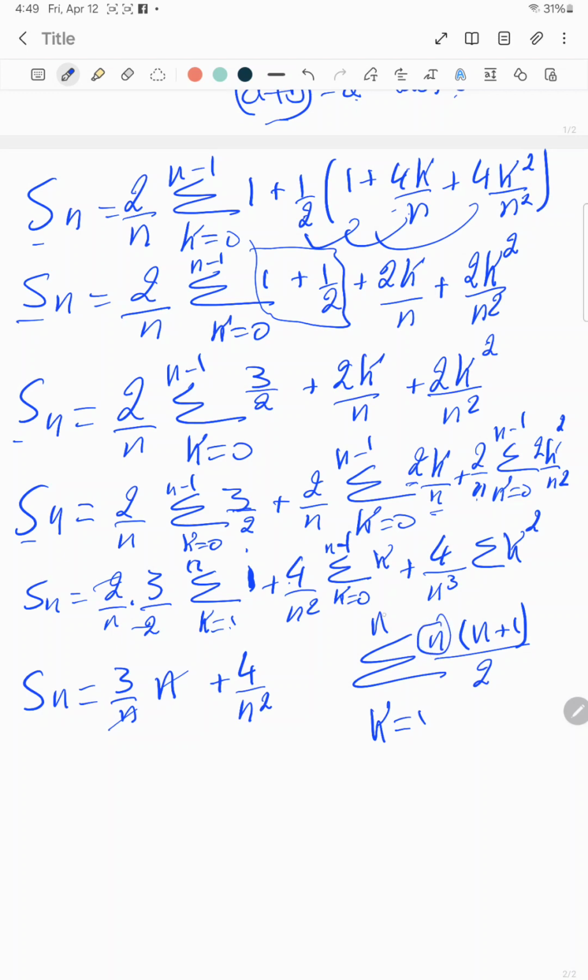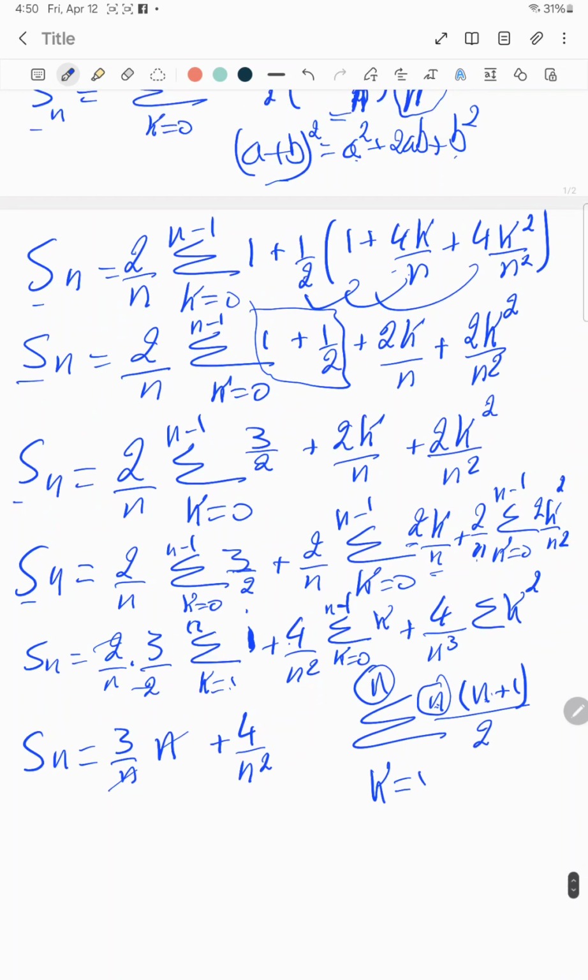And I told you that n is n here. But here I have n minus 1, so this will become n minus 1, and this becomes n minus 1 plus 1, divided by 2. I don't have a place, so I'm going to delete that formula. If you want to Google it, the right name to Google is sigma notation formulas. You will find it.